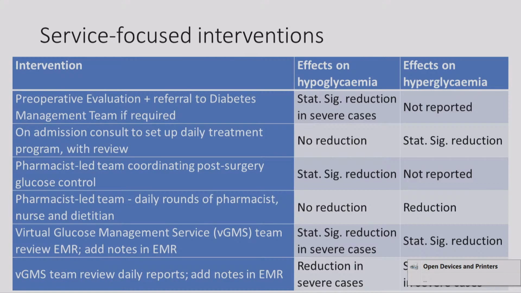And then we've got the very high-level summary of the reported effects of those interventions. And so you see the range from statistically significant reduction in severe cases, which would be probably the best outcome that you'd expect, because you really want to have more of an effect on the severe cases, to no reduction, and everything in between.